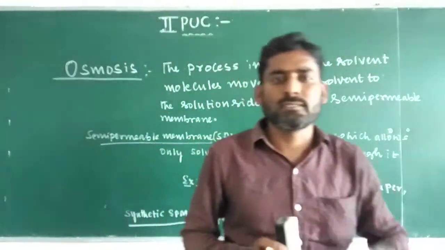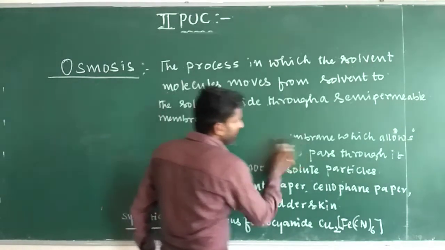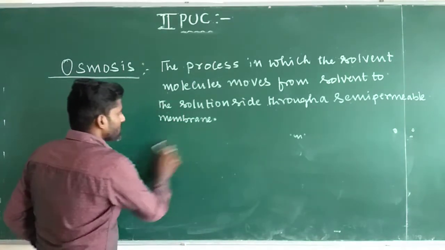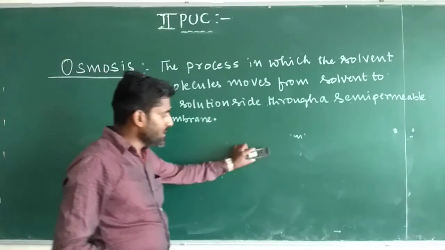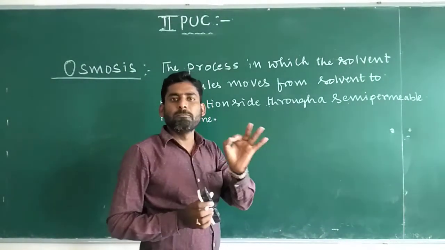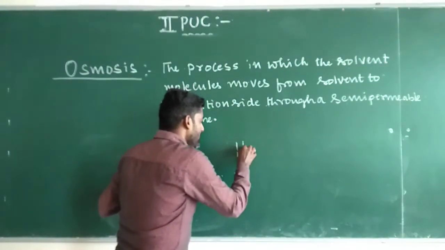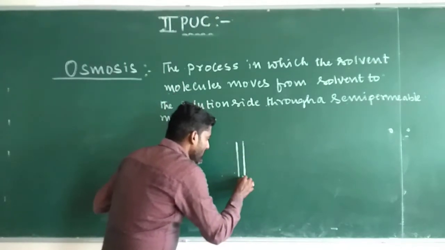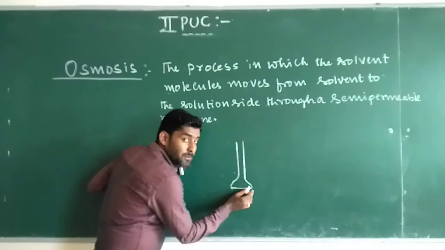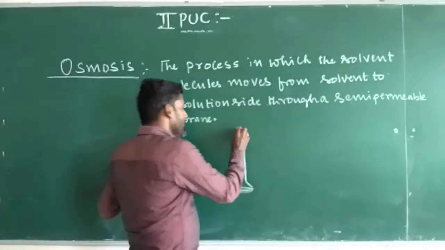This process of osmosis can be explained experimentally as follows: take a highly concentrated sugar solution in a Thistle funnel. The Thistle funnel is a glass funnel with a glass tube, and the mouth of the Thistle funnel is tied with a semi-permeable membrane.